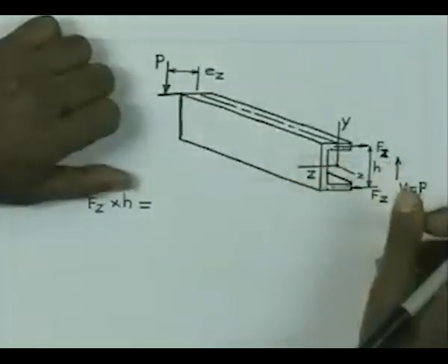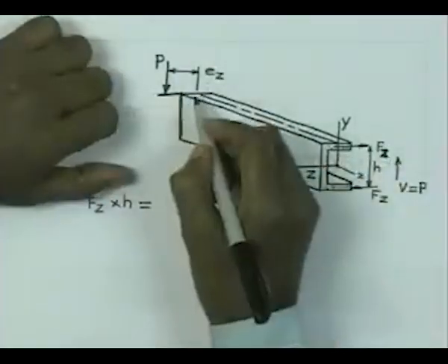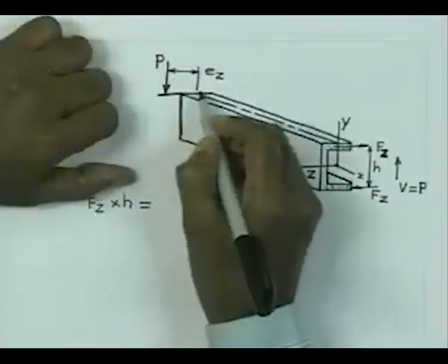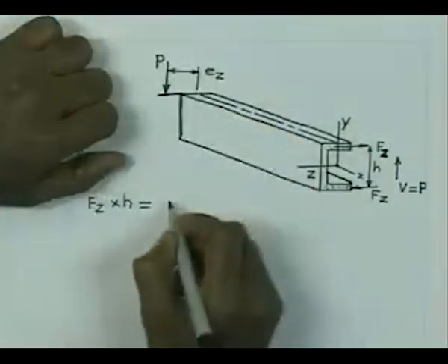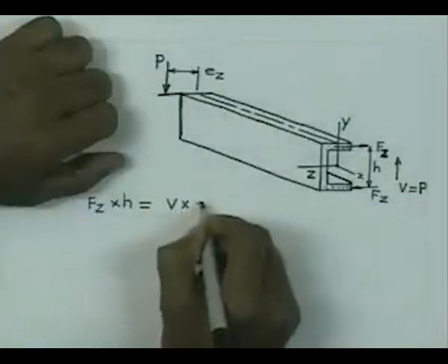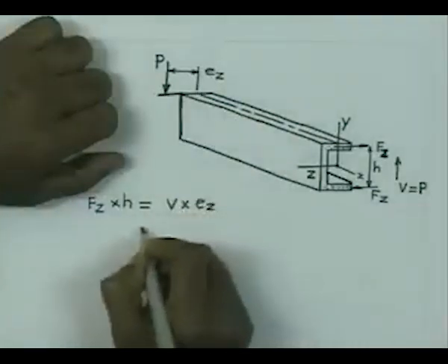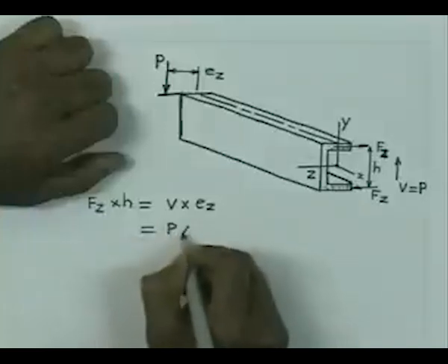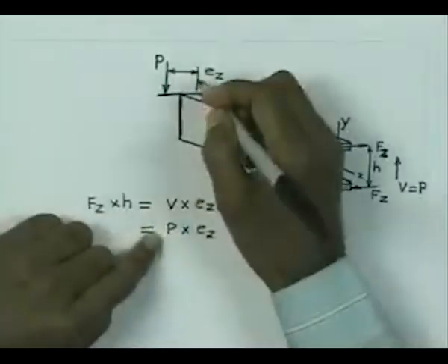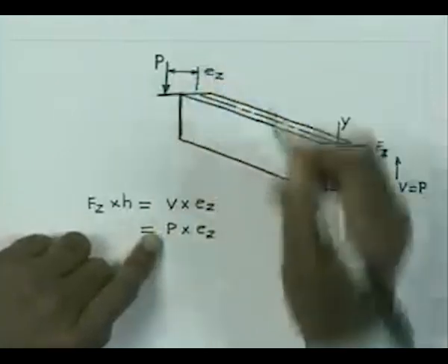So, there is an unbalanced moment, and to keep it in balance we must shift the loading point away from this location. Since V equals P, we can write V into Ez equal to P into Ez. So, this load must act at a distance Ez which is not equal to 0.